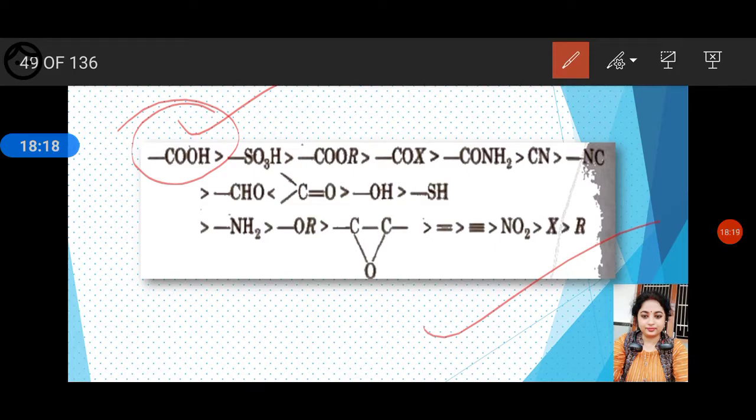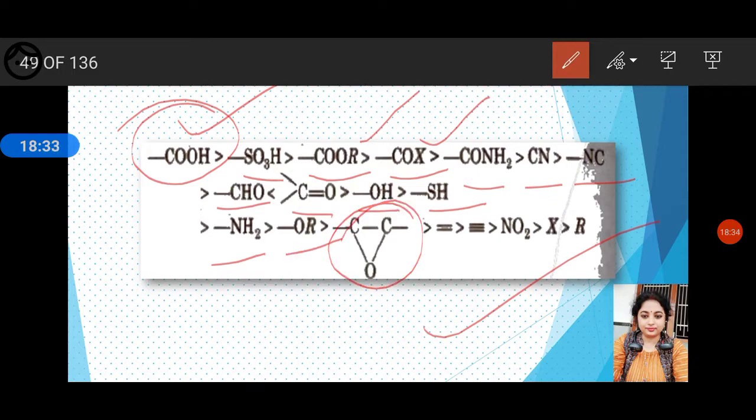See, this is SO3H, then COOR, where R can be any alkyl, COX, where X can be halogen, CONH2, CN, NC, CHO, COOH, SH, NH2, OR, ester, double bond, triple bond, NO2, X is your halogen, R is your alkyl group. So the least priority is the alkyl group and the most priority is the acid group.